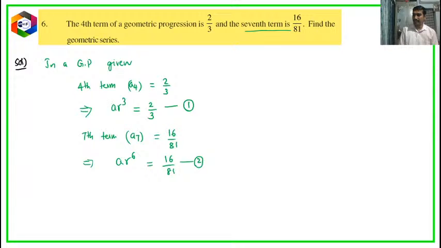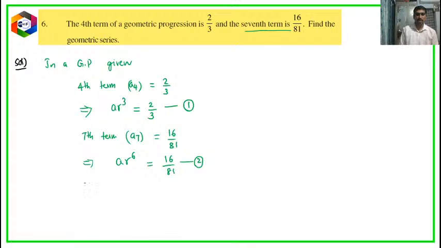In arithmetic progression you will get linear equations, but here it is not a linear equation, as you get a product of two variables. In this case, we have to eliminate one of the variables. How can you eliminate? Simply by dividing one equation by the other.